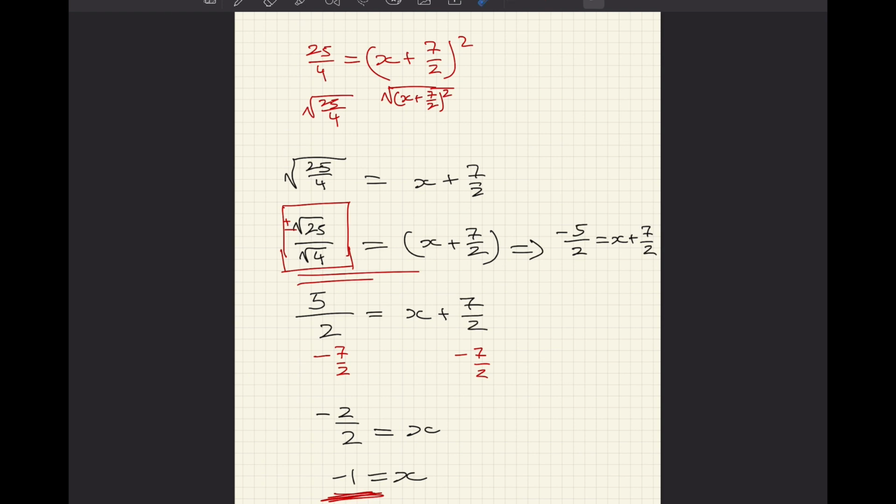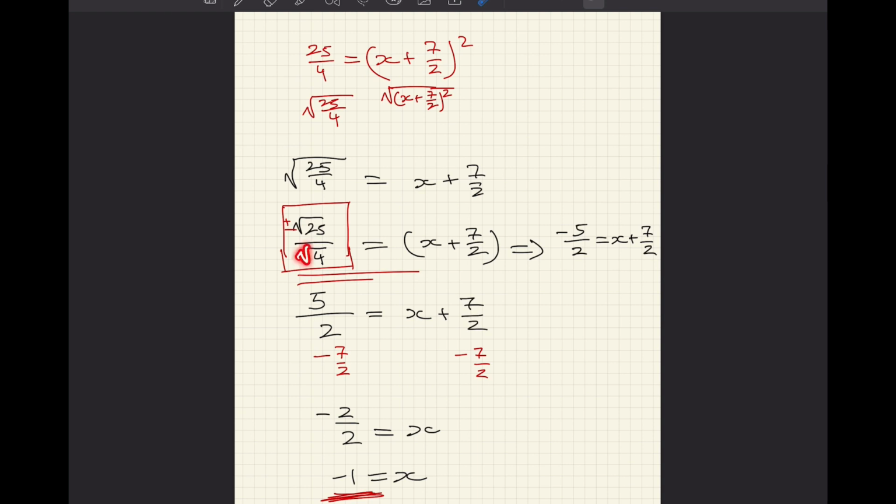Now, why minus 5, you might ask? Well, two negative numbers, when multiplied together, produce a positive number. So 25 can be written as both 5 times 5 and negative 5 times negative 5.